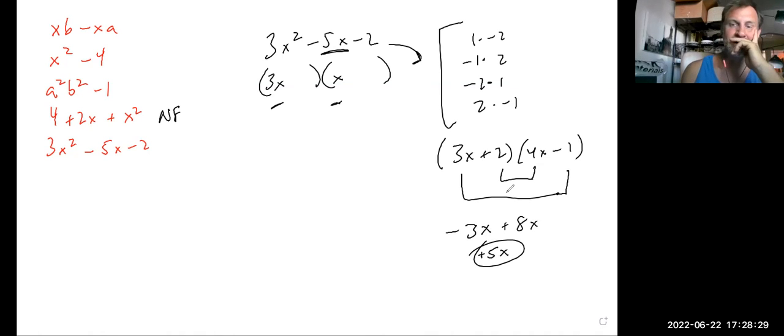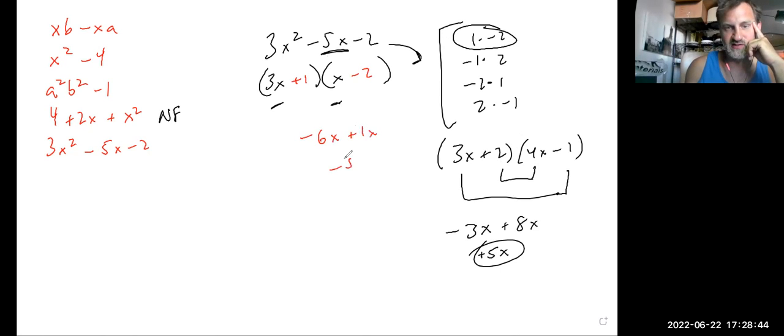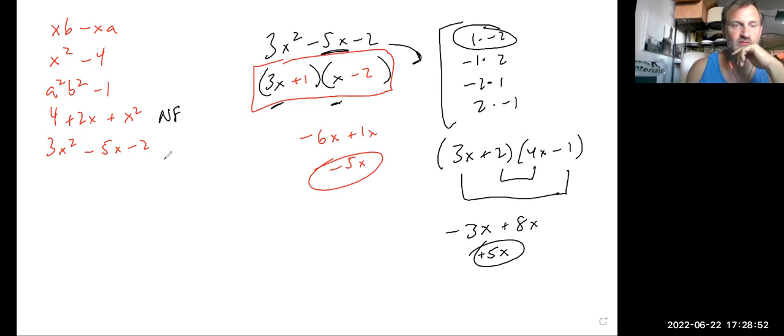That's a useful skill when you're mentally putting these numbers in, because I can see that this first option is exactly what I want. If I put the +1 here and the -2 here, I end up with minus 6x plus 1x, and that gives me minus 5x. And there's my magical middle term that I wanted. So this is the correct factorization for this last one: 3x plus 1, x minus 2.